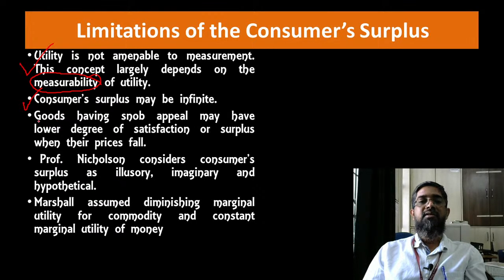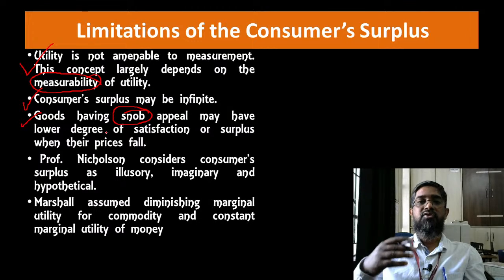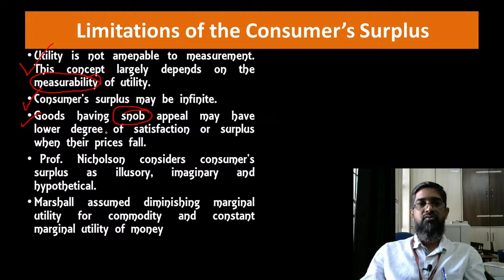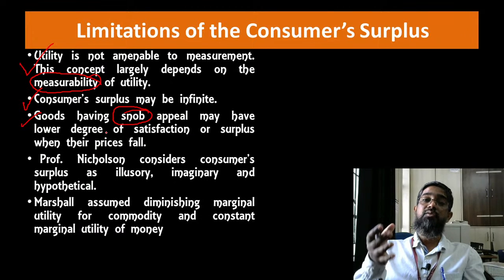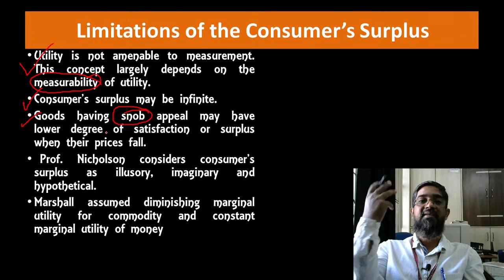Then there are goods having snob appeal. Snob goods are those goods which people consume or own for show off, maybe a Rolls Royce car. In that case, if the price of that kind of commodity falls, its value goes down, because its value comes from its price.